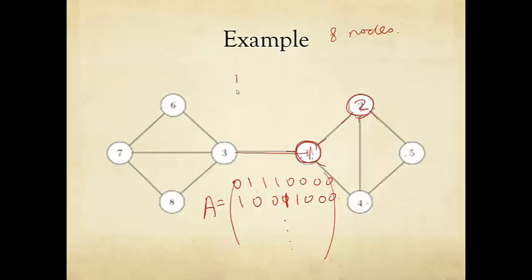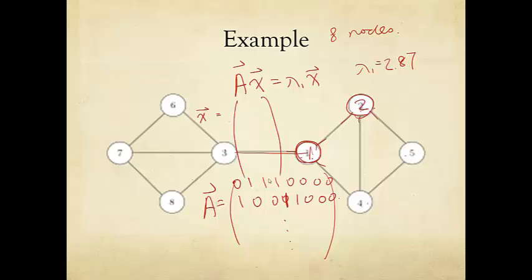And now all we need to do is to compute the largest eigenvalue and the corresponding eigenvector. We see the largest eigenvalue, which we are not using directly here, is 2.87, and x is the following vector.